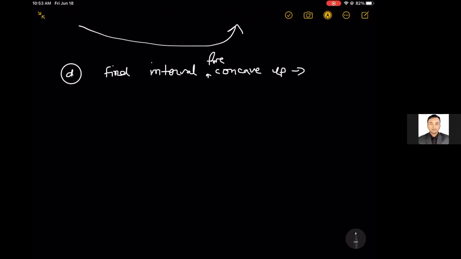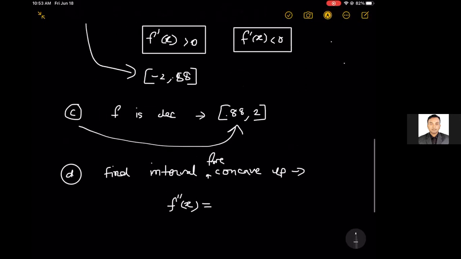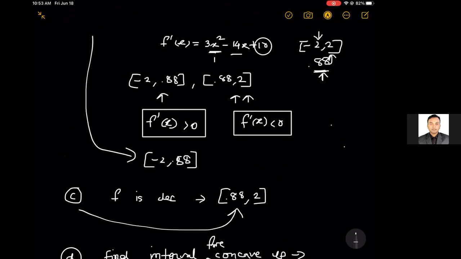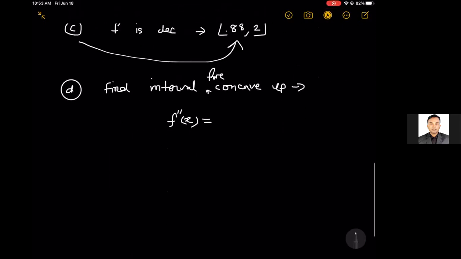So we want to find the second derivative. Now, what's the second derivative? The first derivative was 3x squared, let me write it for you, minus 14x plus 10.